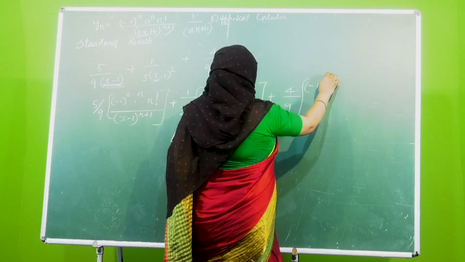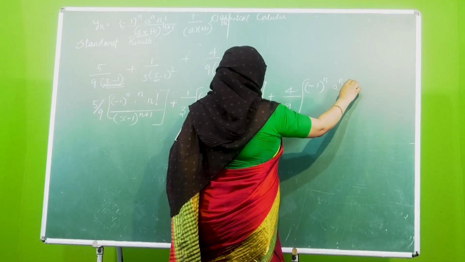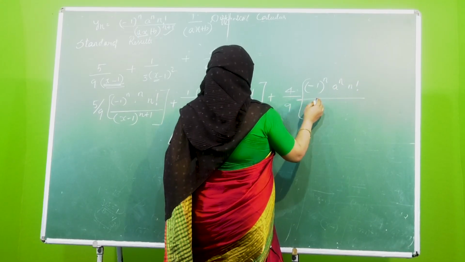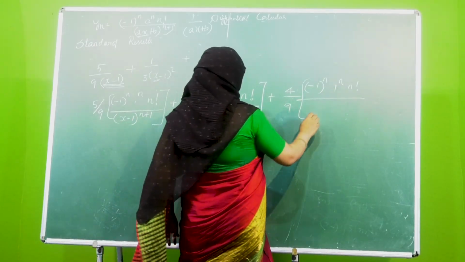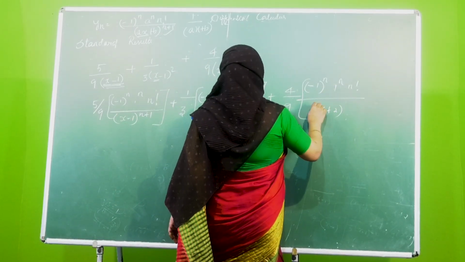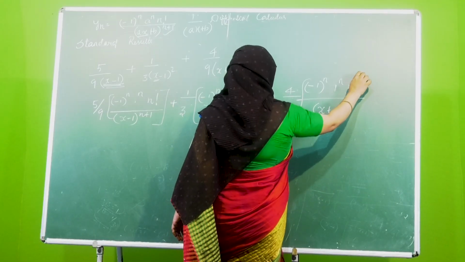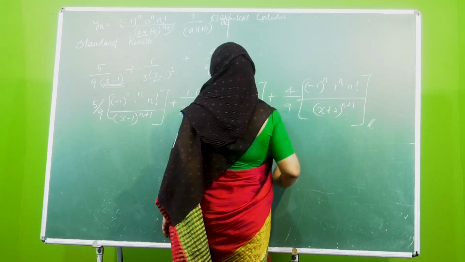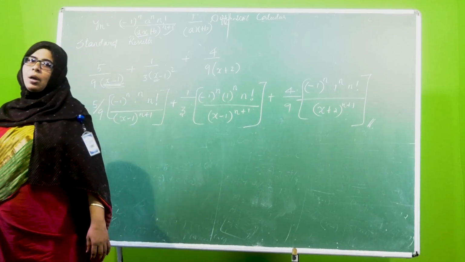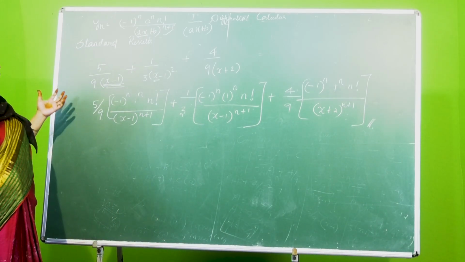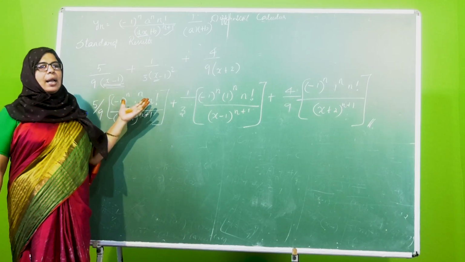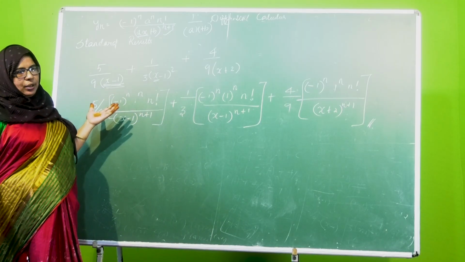Minus 1 whole power n, a power n factorial, a is 1, 1 power n factorial, n plus 1. Okay, now I hope you all understand this problem for this model of partial fractions.